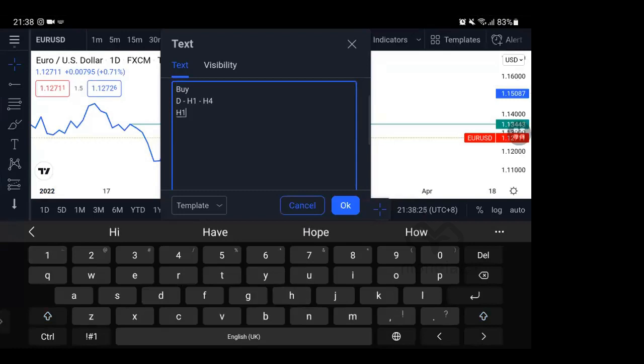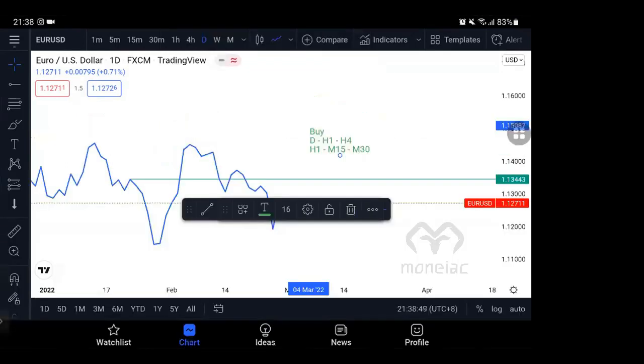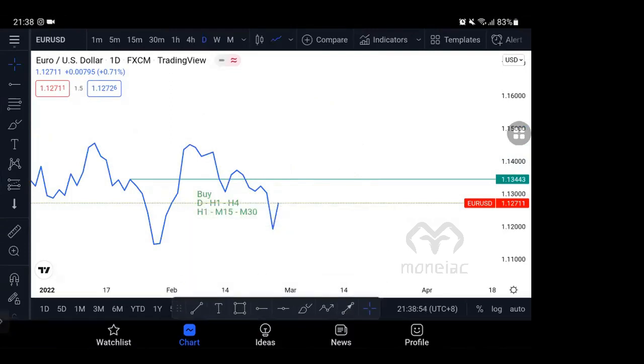So it will be H1, M15, M30. So we already know for the buy, and then for the sell, we're going to put over here the buy. Then we have the H4 as the sell bias. So we're going to look into H4 and look for the H4 direction.